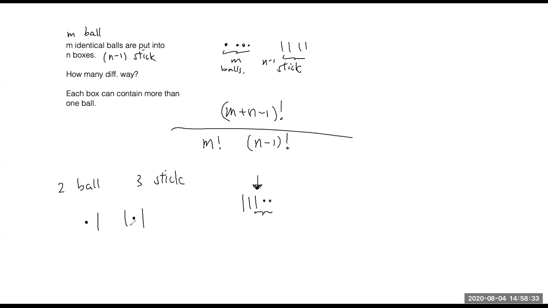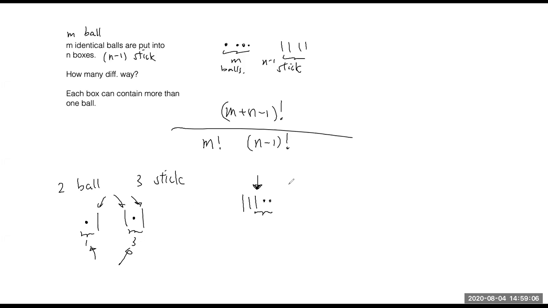This one means the first box and the third box. And then the order of the sticks does not matter, so you need to divide by the m minus 1 factorial. And the order of the balls does not matter also because the balls are identical, so you need to divide by n factorial.